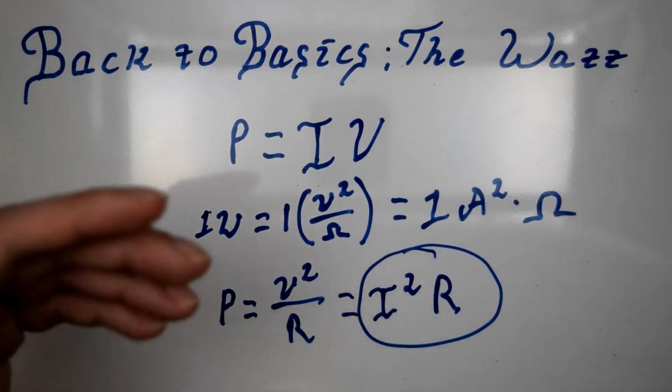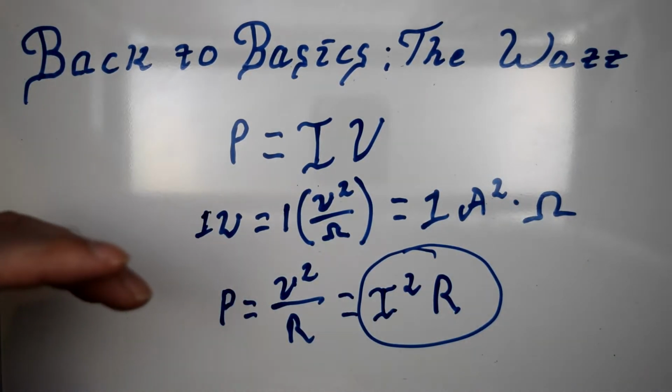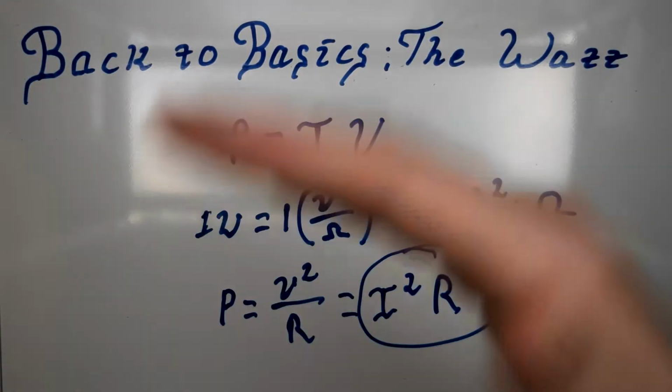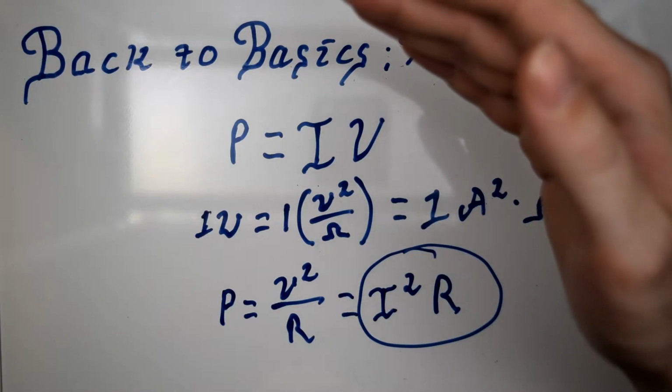That's because of the I squared R losses coming from the transformer to the house. You get a voltage drop and a little bit of heat dissipation across that copper.